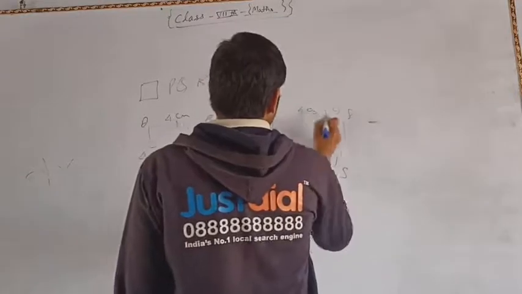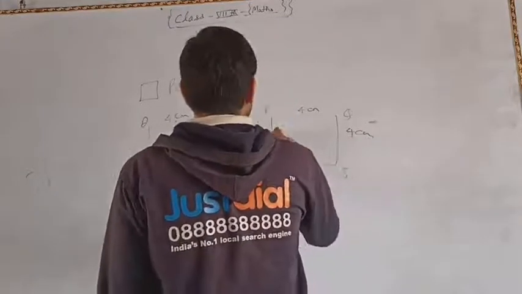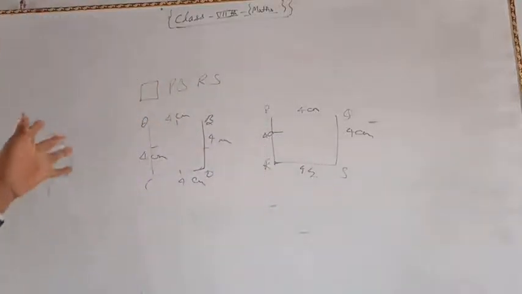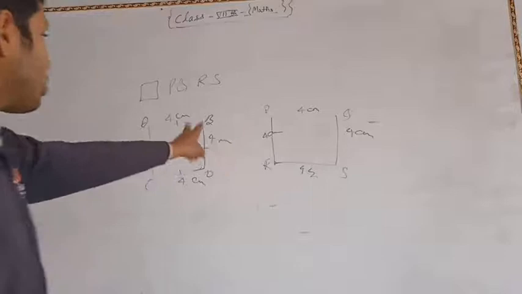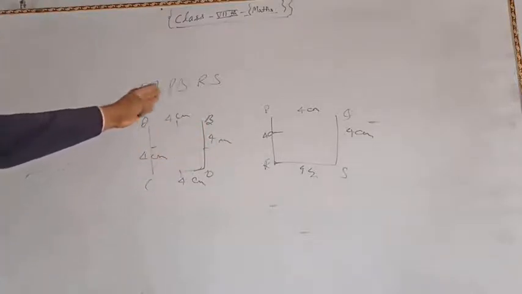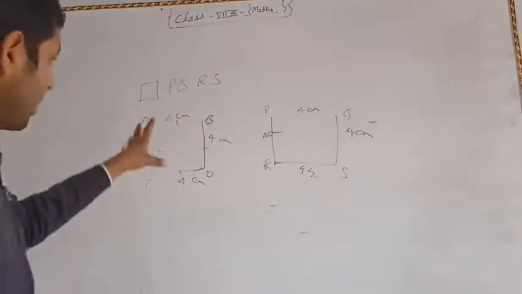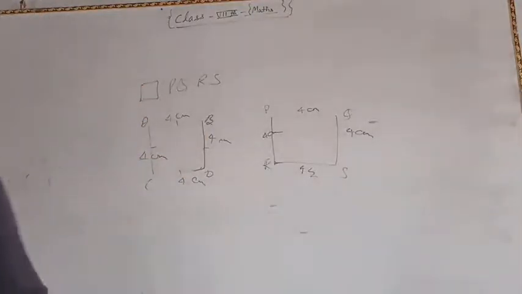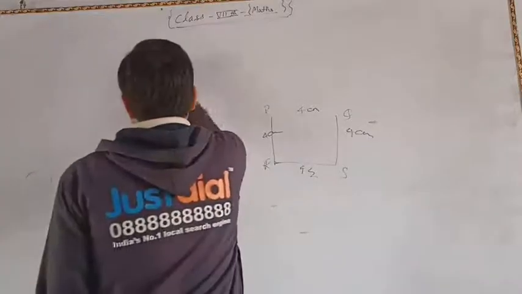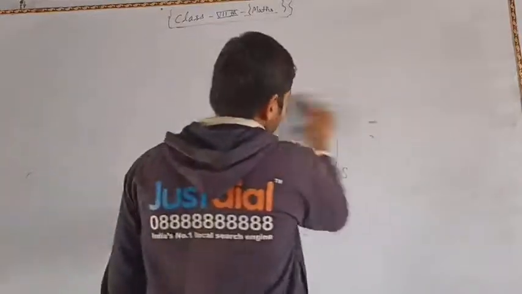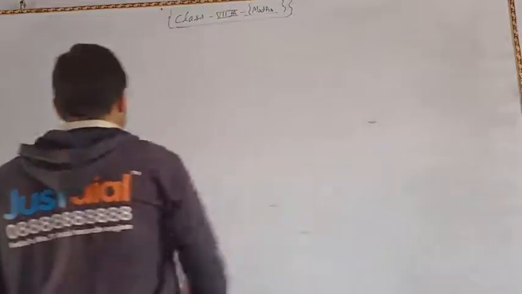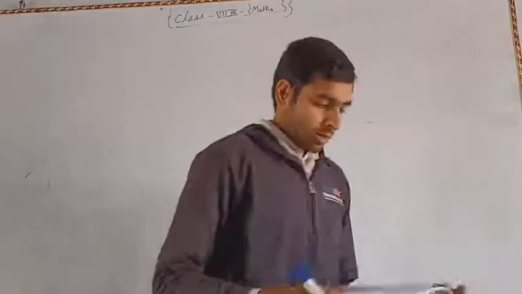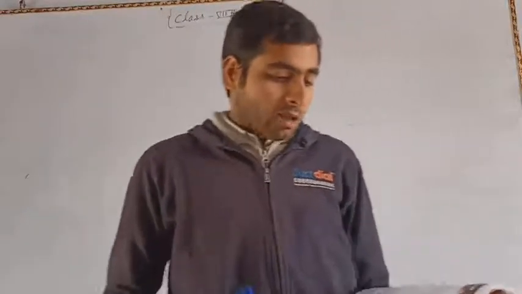So you can say these two squares are congruent to each other, because in both squares all the sides are the same.